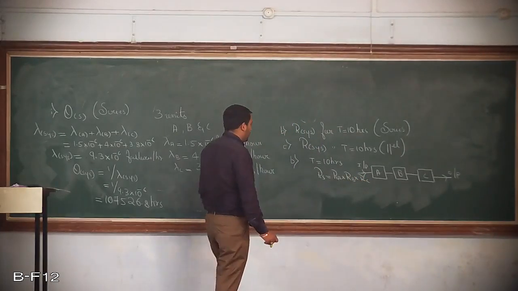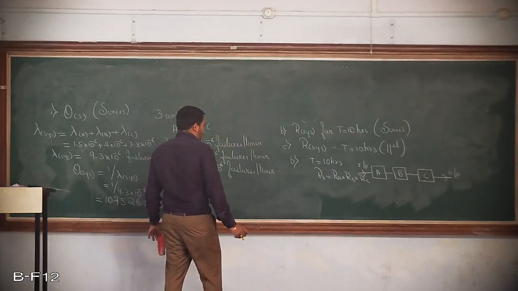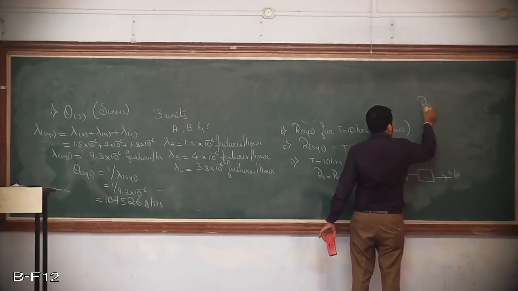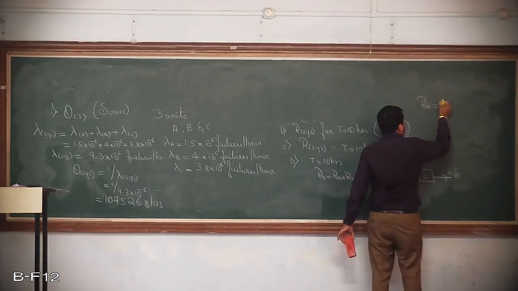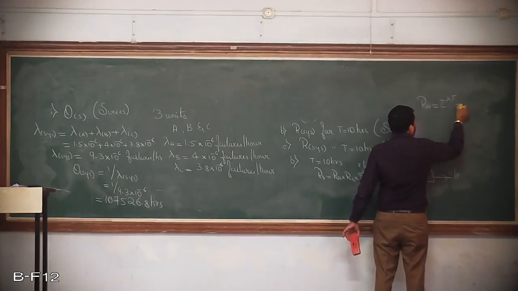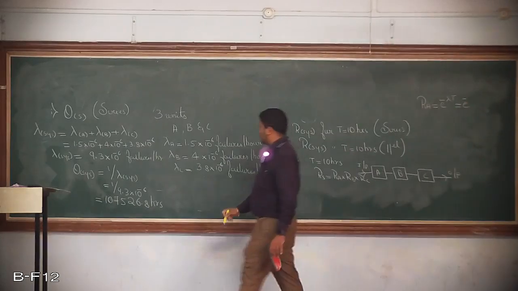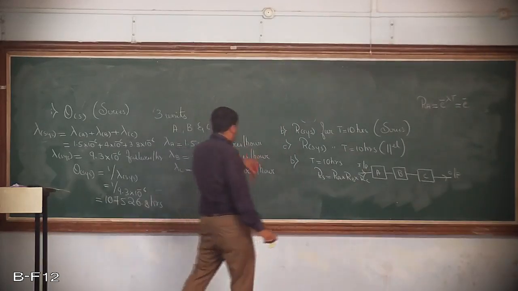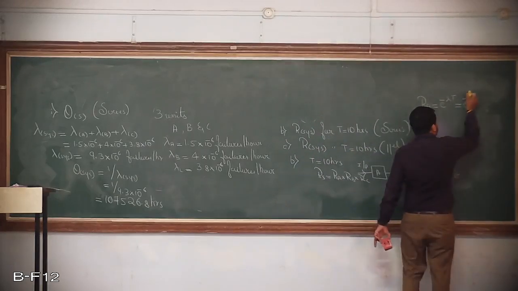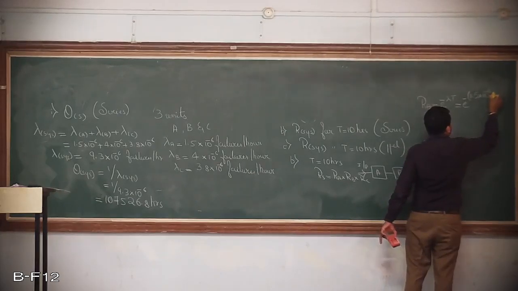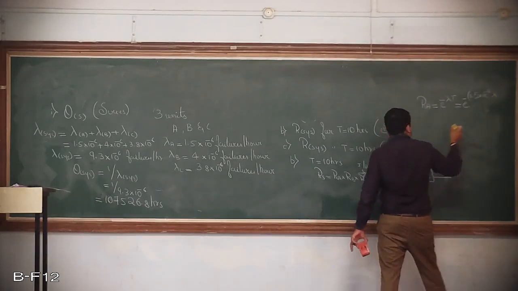So for that we need to find out the reliability of A, which is equal to e raised to minus, for A it is given as 1.5 into 10 raised to minus 6, and the time period is 10 hours.